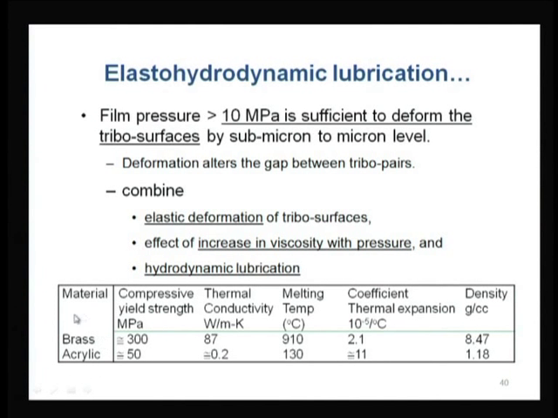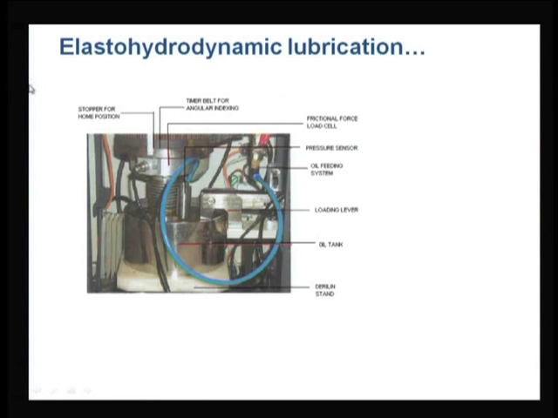Now, we did experiments by making a brass bearing and an acrylic bearing on one test setup, which we can name a journal bearing test setup. That looks something like this. In the journal bearing test setup, there is a bath filled with a lubricant, that means the whole bearing will be submerged, and there is a bearing attached to a load cell at the bottom. This is a brass bearing.